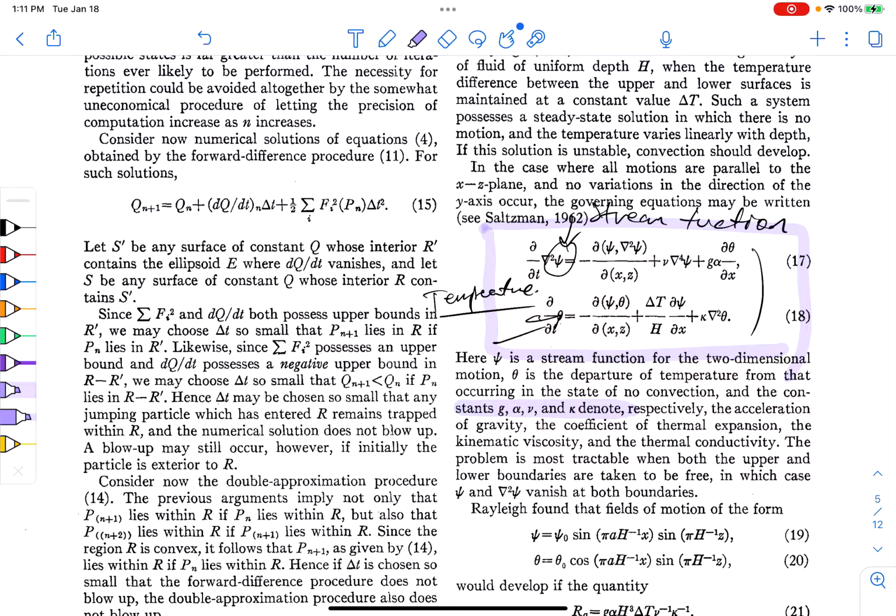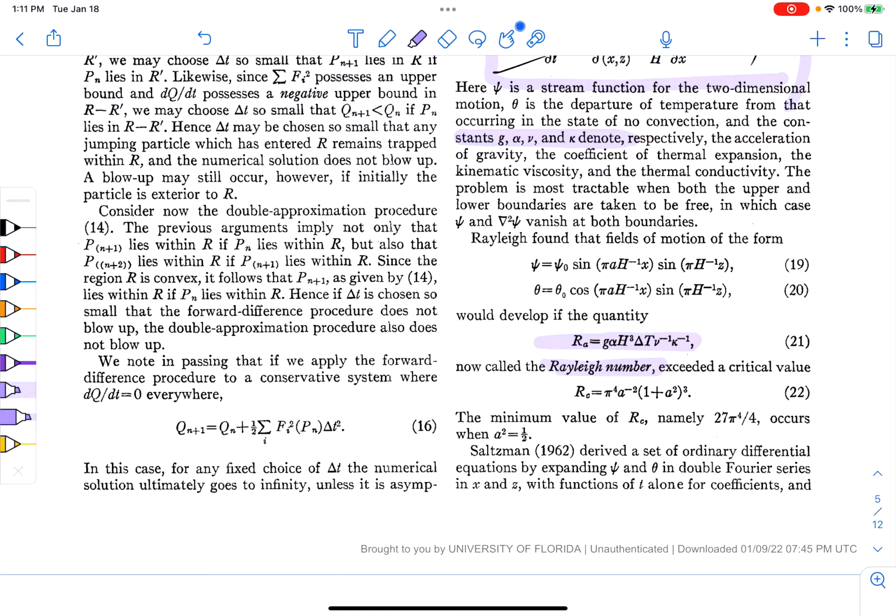From these equations, you can show there's a stability parameter, which is the Rayleigh number. If our conditions exceed the critical Rayleigh number, it's unstable. If it is below, by plugging in properties like gravity, viscosity, and the temperature difference across the top and bottom of the layer, then it'd be stable.